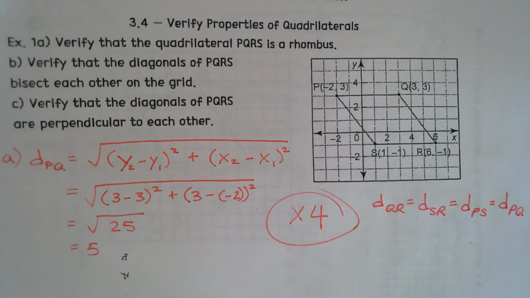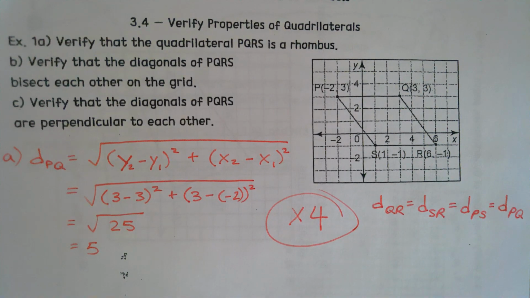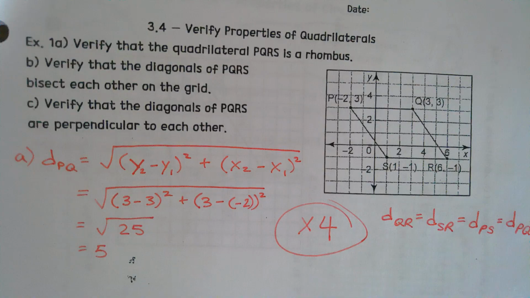What's the other part of the property, William? Two sides are parallel. Okay, two parallel sides. So you could do that as well to verify that this is a rhombus and not a square.